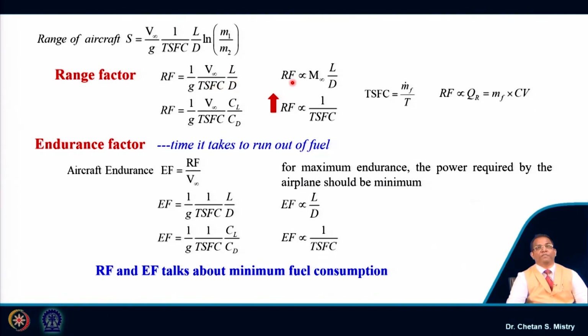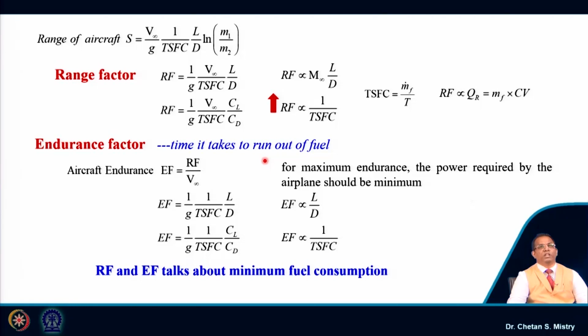This range factor is a function of my L by D ratio and flight Mach number, and it is also a function of the amount of fuel consumed. So, if my thrust specific fuel consumption is lower, then I can improve the range factor. The range factor decides the maximum distance that will be traveled by my aircraft.